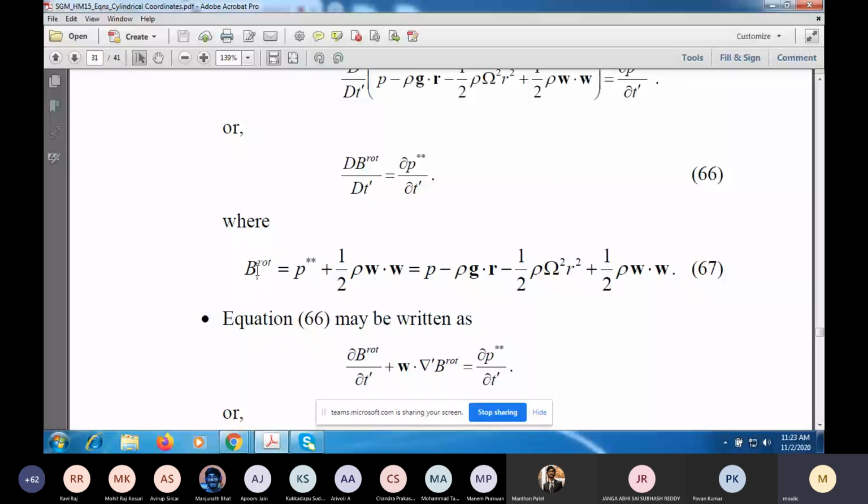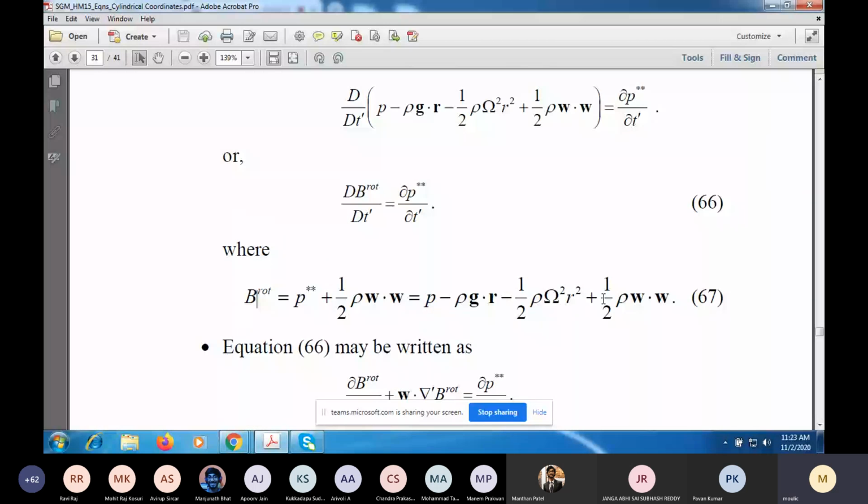So then this will be the sum of 1, 2, 3, 4 terms. The last one is the relative kinetic energy per unit mass. First term is the static pressure. Second term is the potential energy per unit mass associated with the gravity. And the third term we can say is another potential energy associated with the rotation of the frame. Now of course here we have assumed that omega is a constant.